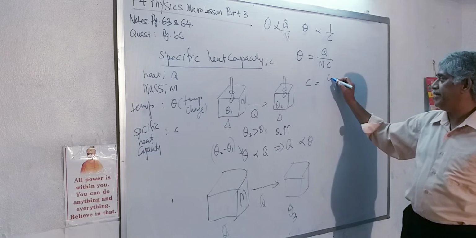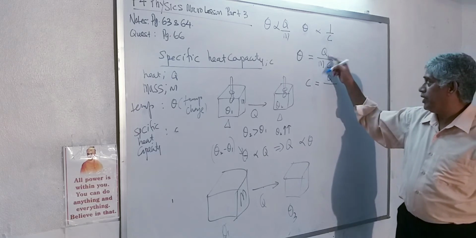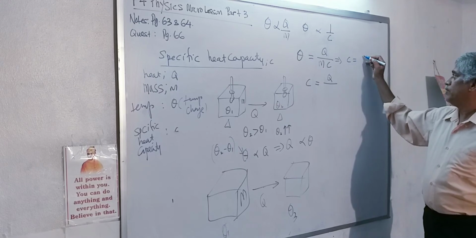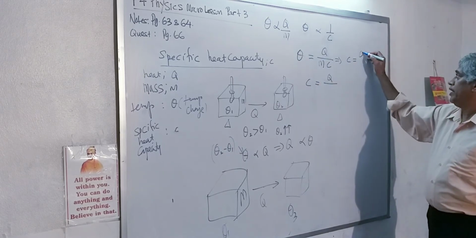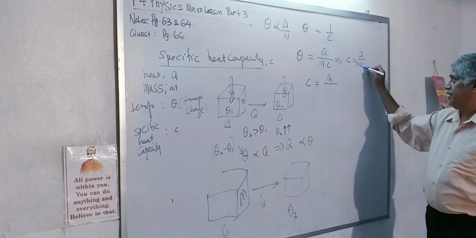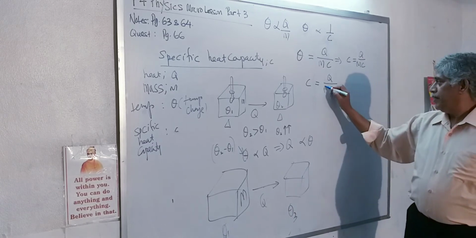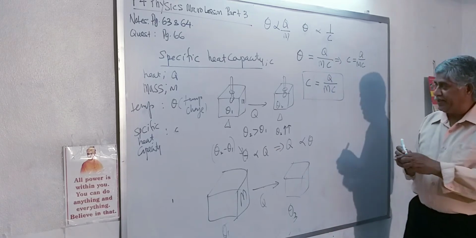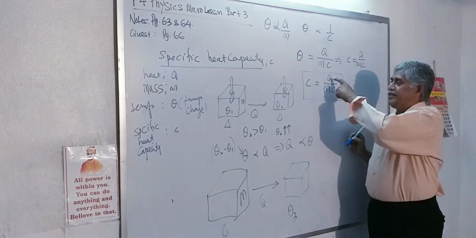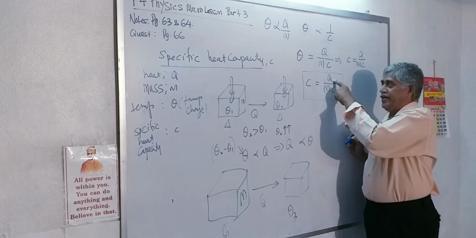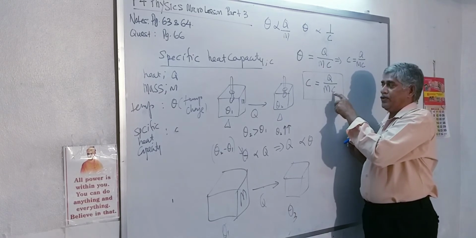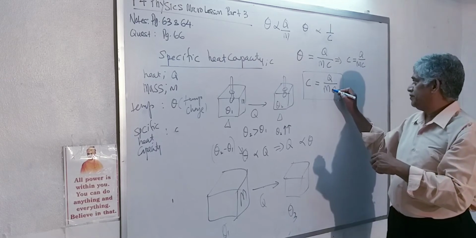When you rewrite the equation, you can write C is equal to Q over M theta. So the specific capacity of the material depends on the amount of heat it is absorbing, and at the same time on the mass and also the temperature rise.